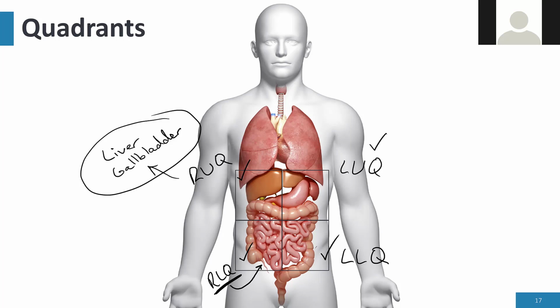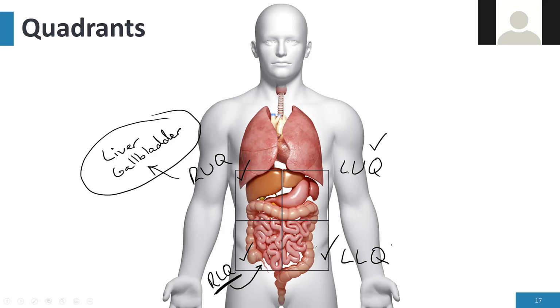So if it's inflamed and irritated, that's where the pain's going to be. Right upper quadrant, they're big on hepatitis and an inflamed gallbladder, cholecystitis, because that's where the liver is and the gallbladder behind it.